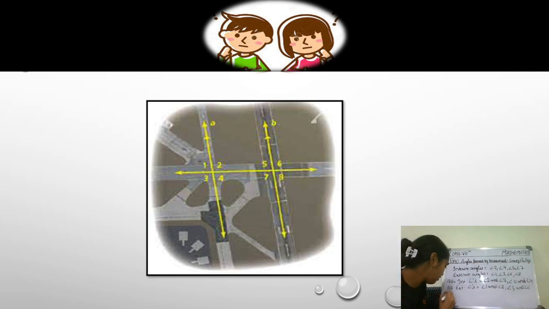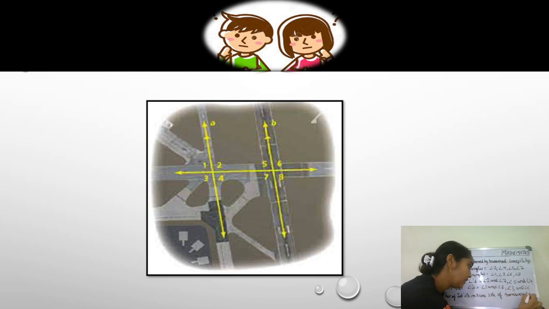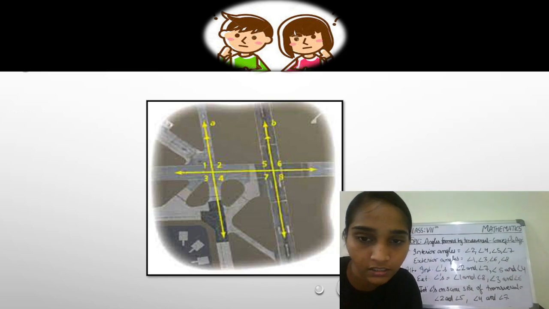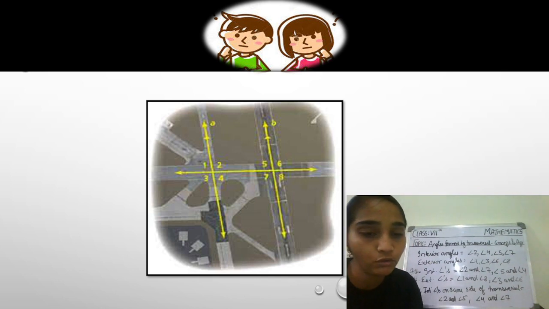So the pair of interior angles on the same side of transversal will be angle 2 and angle 5 and angle 4 and angle 7. Right? Very good, students. I will zoom out my screen a bit so that you can see clearly, and if you have to note it down, you can do that.